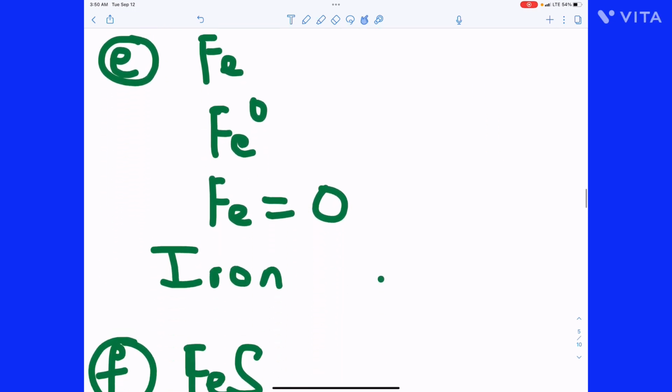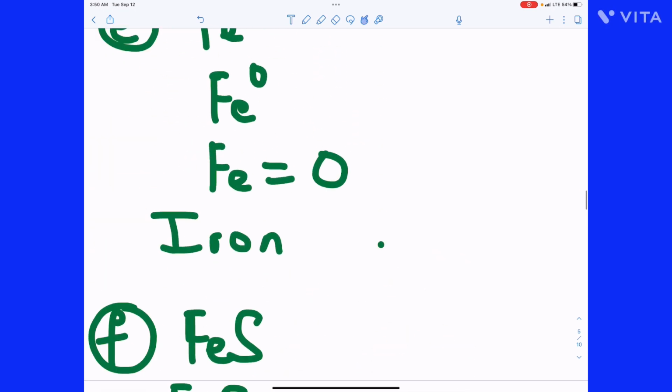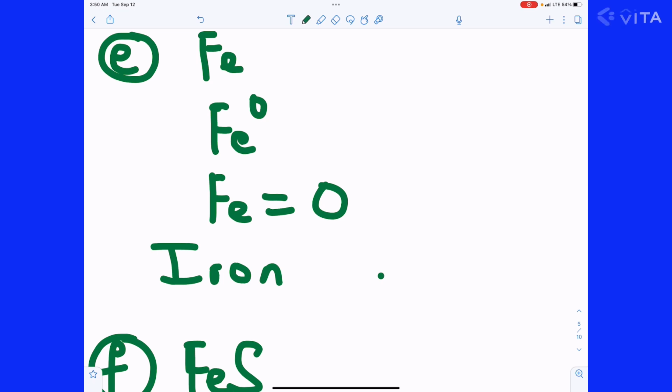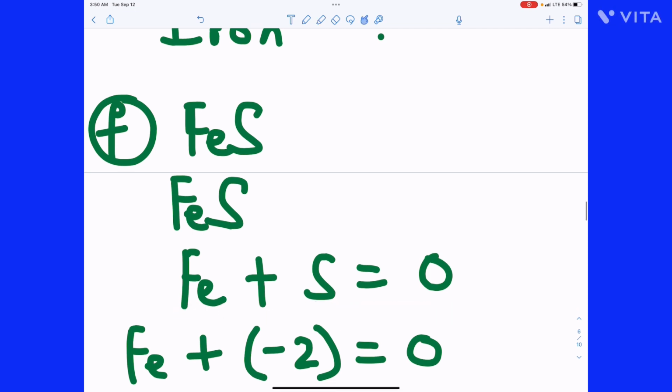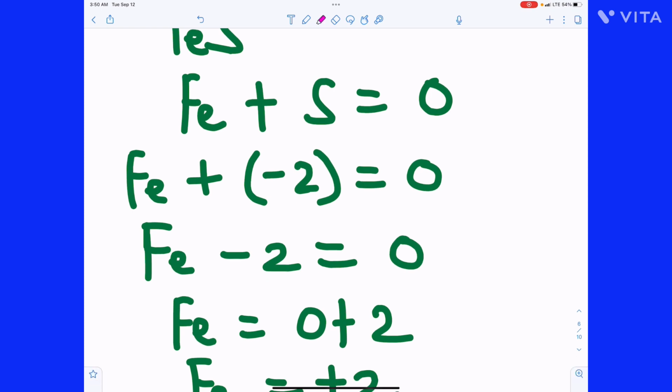The charge of Fe as a lone element is 0. So we simply call it iron. Anywhere you see this, you simply call it iron. Also, FeS is the same thing as FeS equal to 0. So FeS is equal to 0. What does that give you?